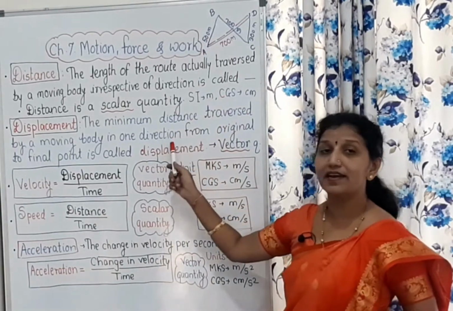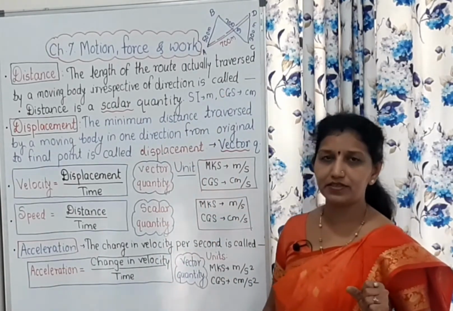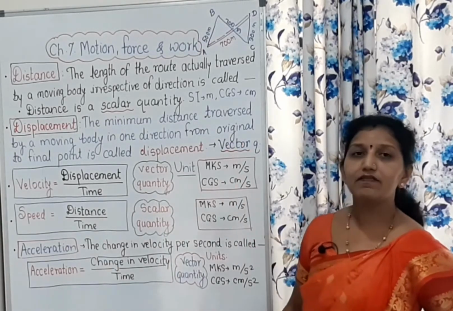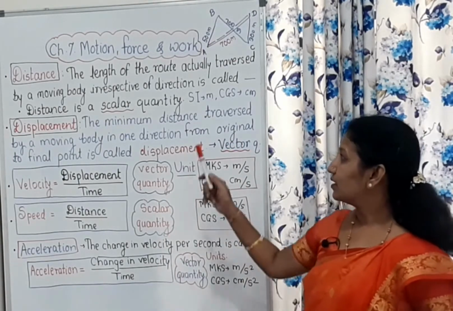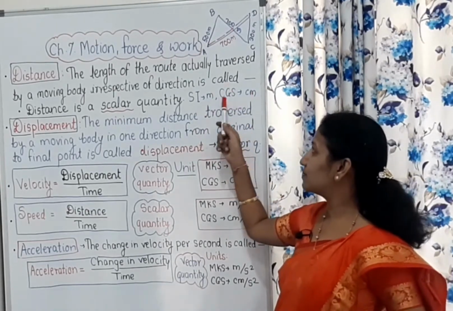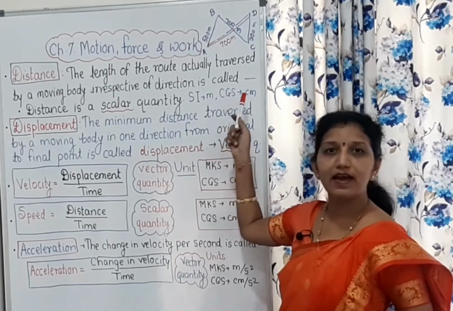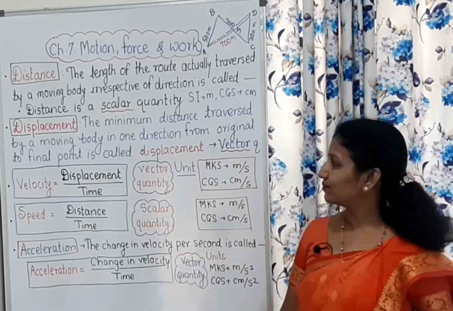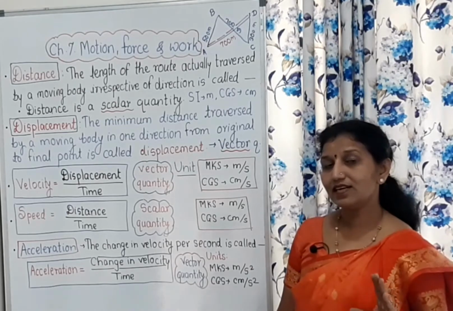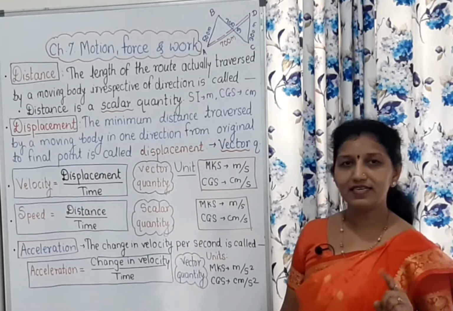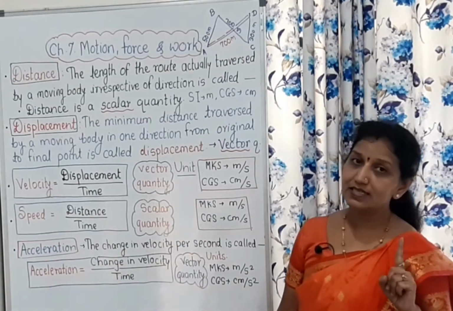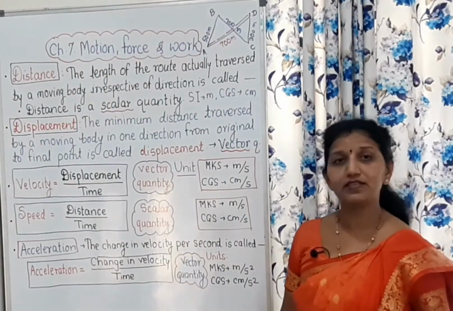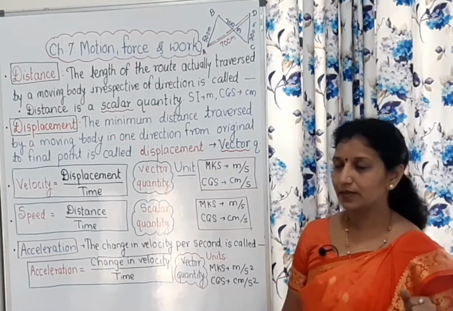It requires direction, it is in a specific direction. That's why displacement is a vector quantity. The unit of displacement is also meter and centimeter in the MKS and CGS systems respectively. Distance is a scalar quantity because it doesn't require any direction, but displacement requires direction, that's why it is a vector quantity.